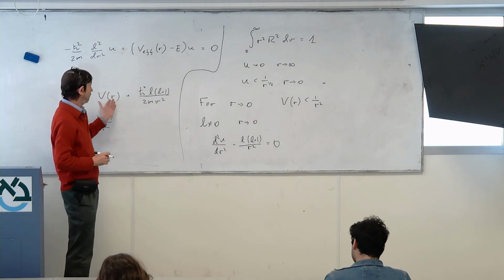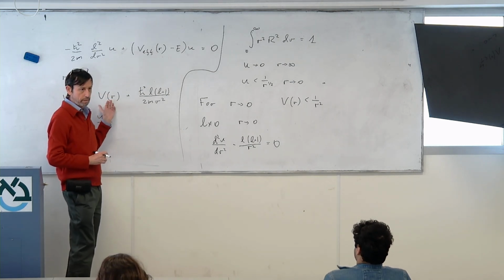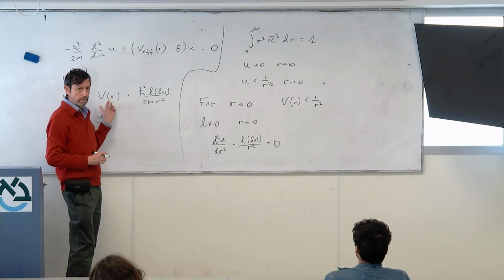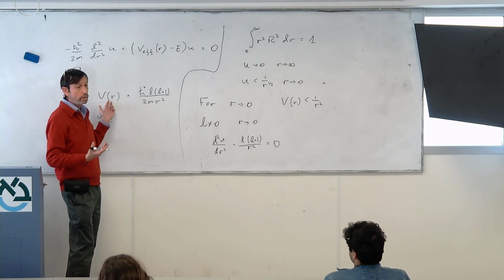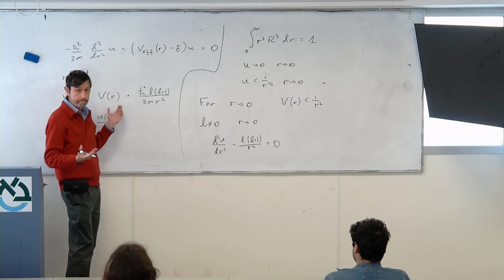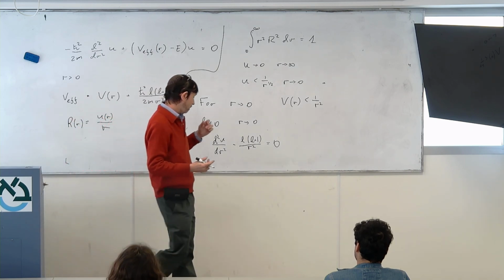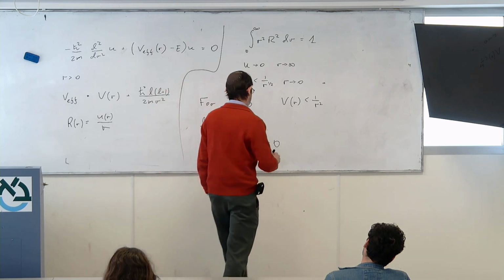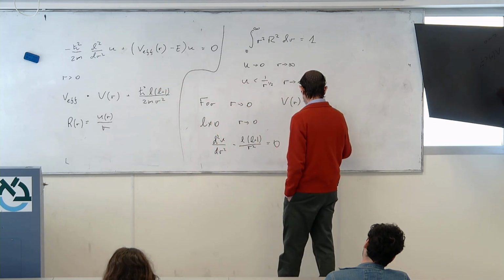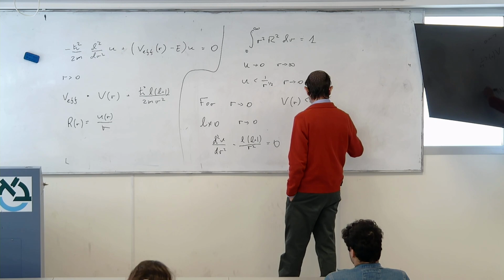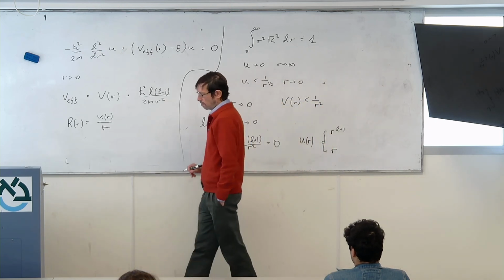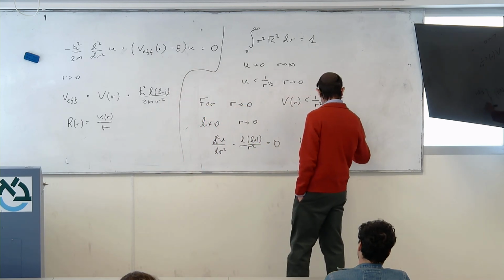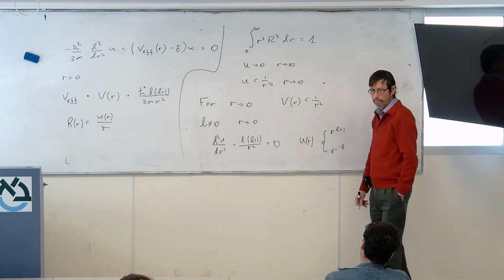Okay, what did I do here? I threw out this part. And I'm assuming that I'm looking at the low energy part, so I'm throwing out the E. Okay, this is an easy equation. It has either of two solutions, right?